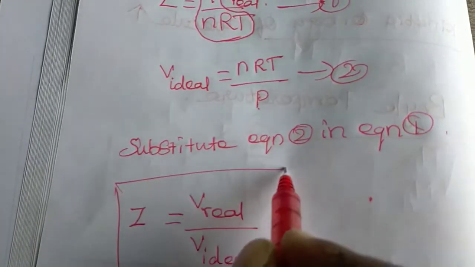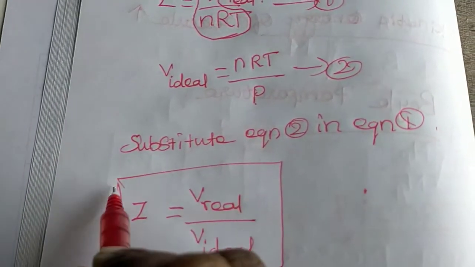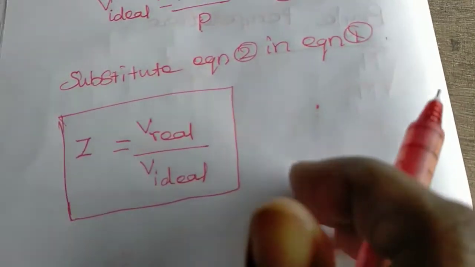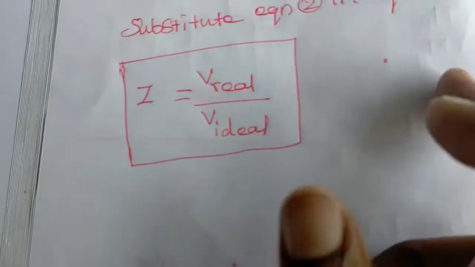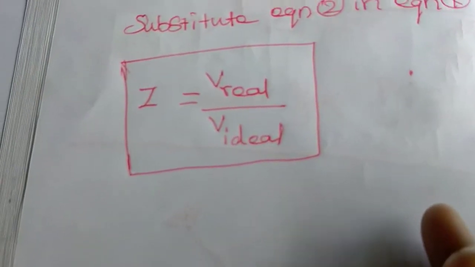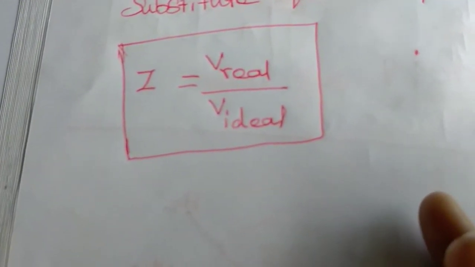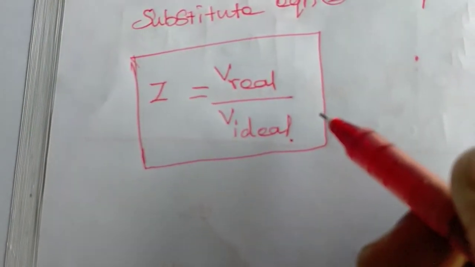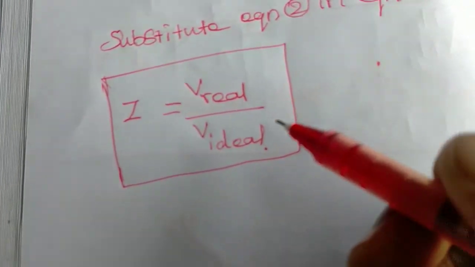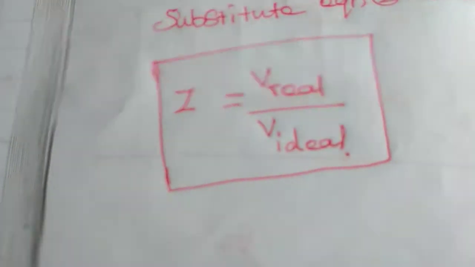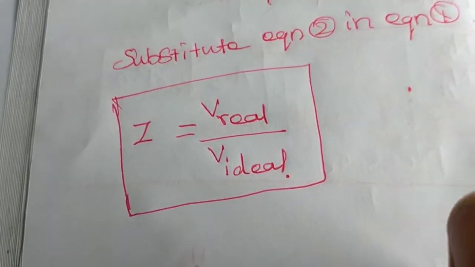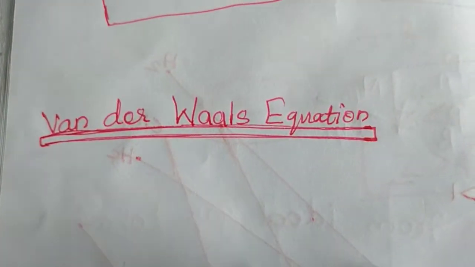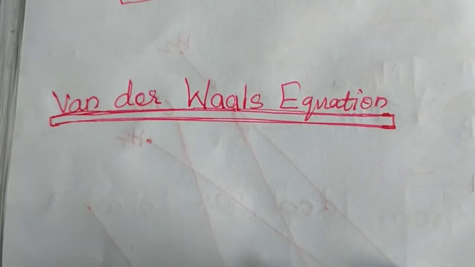This is the compressibility factor of real gases. V real is the molar volume of the real gas and V ideal is the molar volume of the gas when it behaves ideally. Next topic, van der Waals equation.